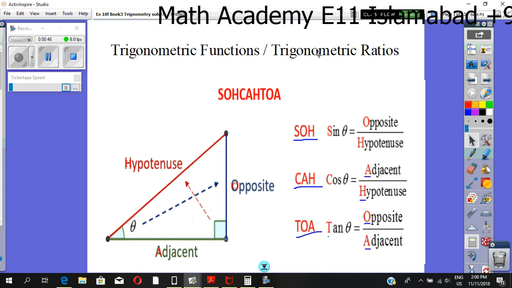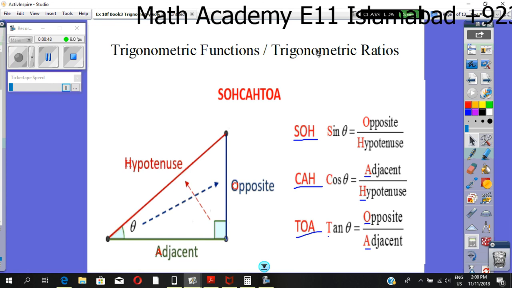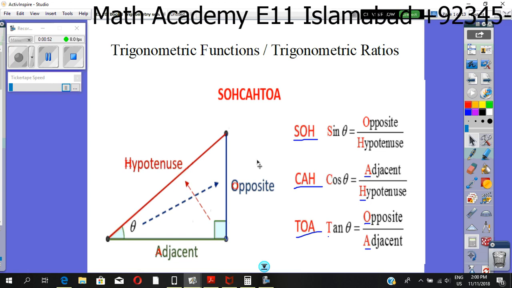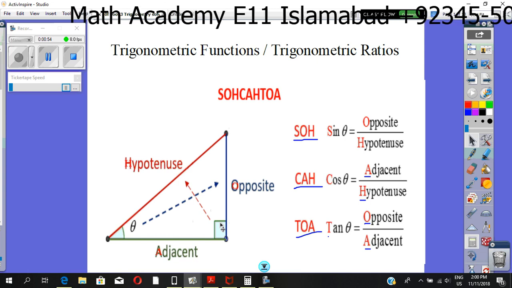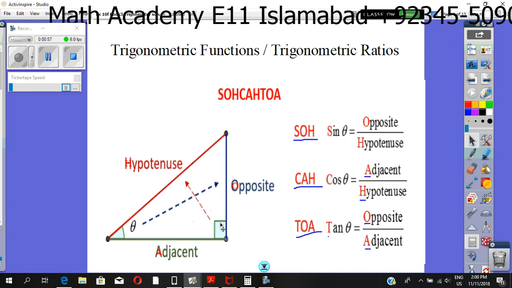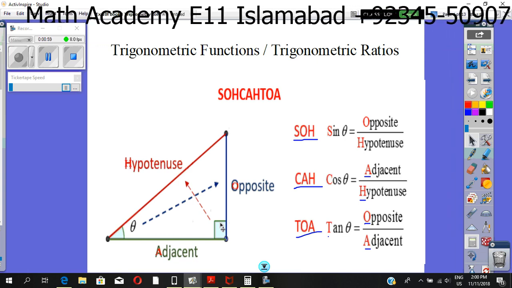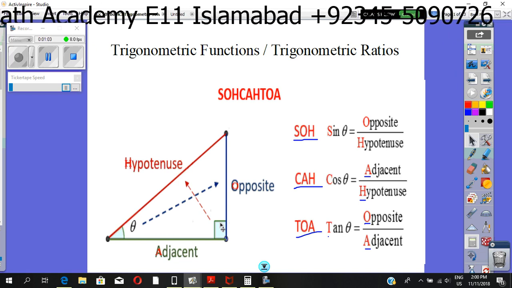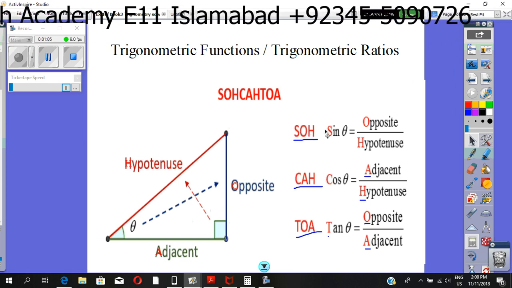The basic trigonometry involves the ratios of sides of a right triangle. And as we know, the right triangle is the triangle having one angle of 90 degrees. The three ratios are called tangent, sine, and cosine.